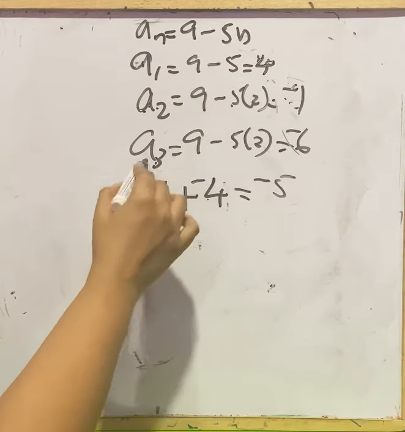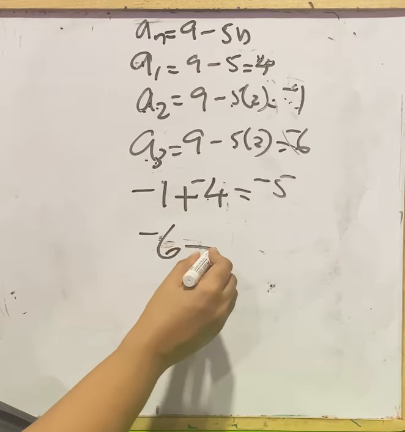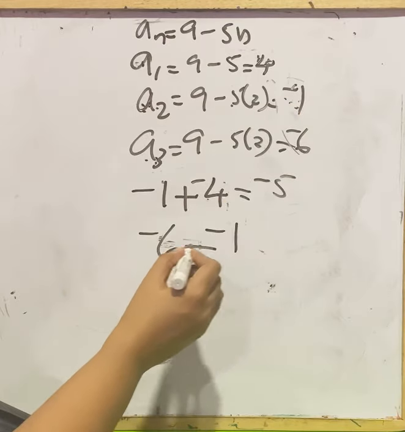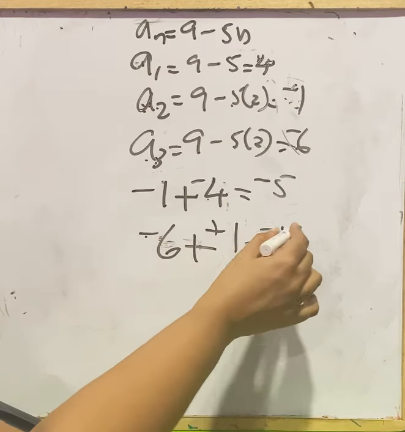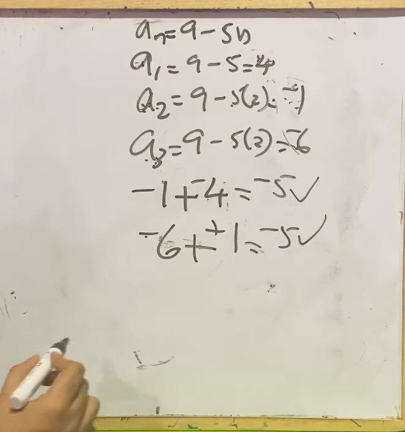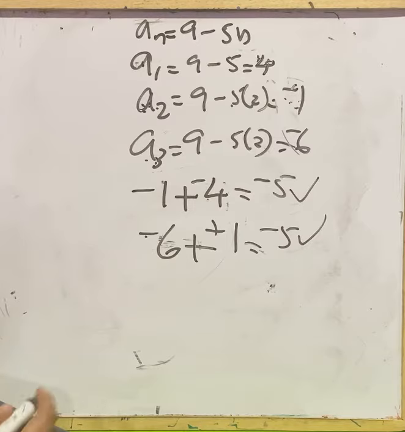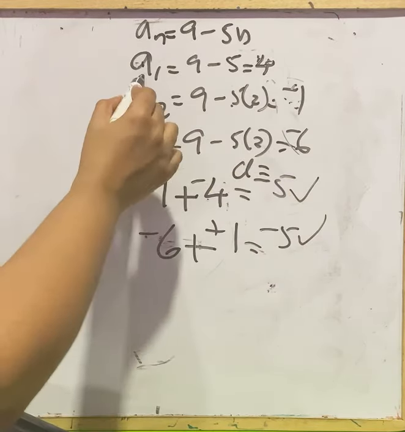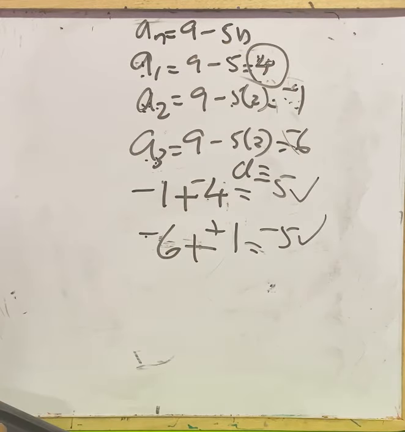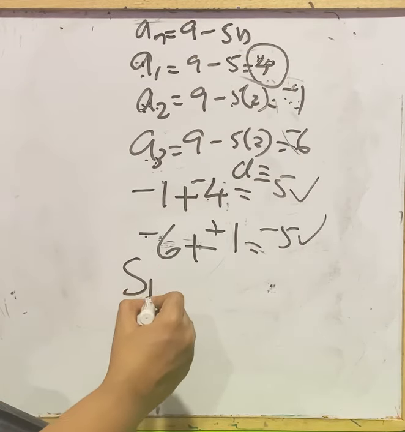That is third term is negative 6 minus second term is minus 1. This becomes plus and plus. Minus 6 plus 1 is minus 5. Yes, we got it as a common difference. Both the differences are same. So it is an AP. That is difference is equal to negative 5, and first term is 4. Now you have to find S15.